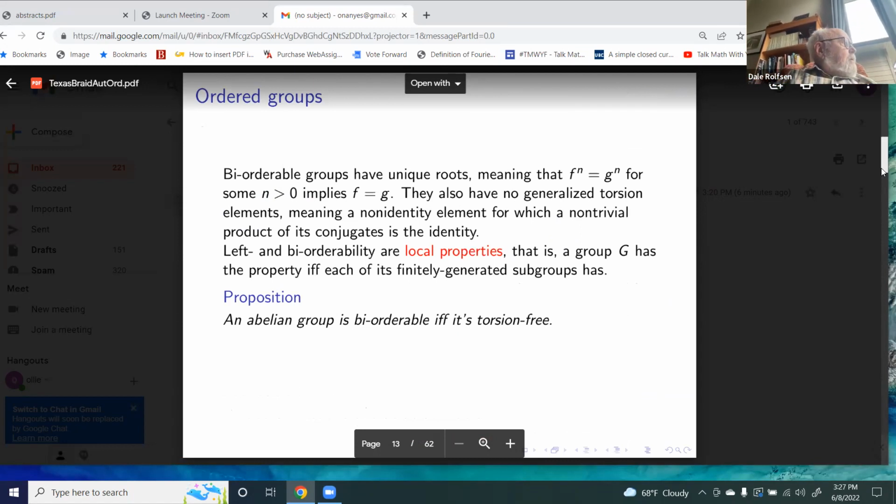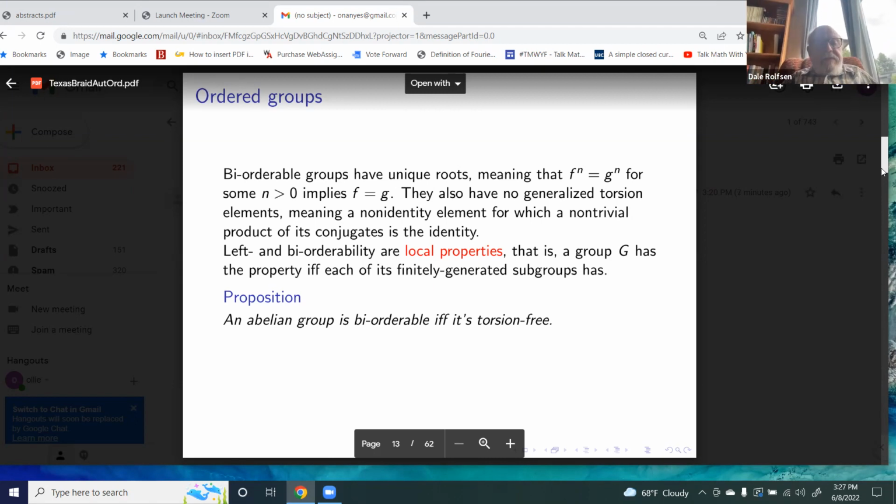Typically, for example, for Z squared, you have uncountably many different orderings. If you look at them as the integral points in the plane, you take any non-zero vector and look at the dot product of an element with that vector and order them according to that magnitude.